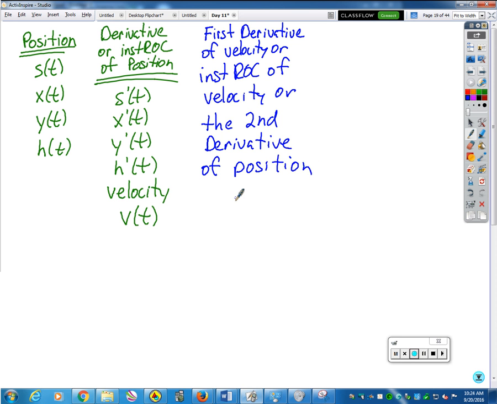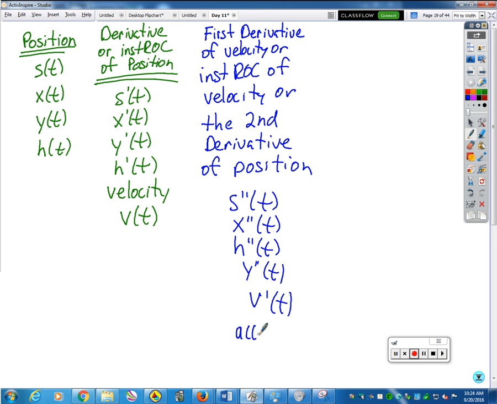We call that S double prime of t, X prime prime of t, H prime prime of t, Y prime prime of t, or you can call it V prime of t, or if you get sick of all that, you can call it acceleration, A of t.